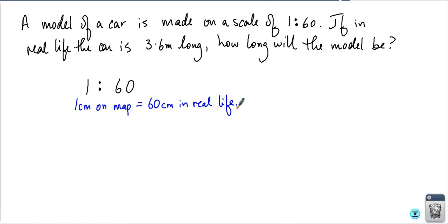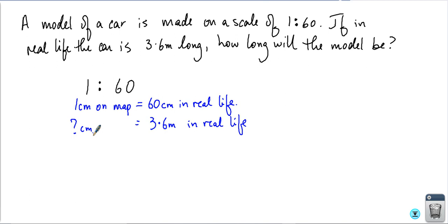So what do we have here? We have a real life car which is 3.6 meters long. So we can say that if it's in real life, it's on the right hand side of our equation. So 3.6 meters in real life will be how many centimeters on this scale?